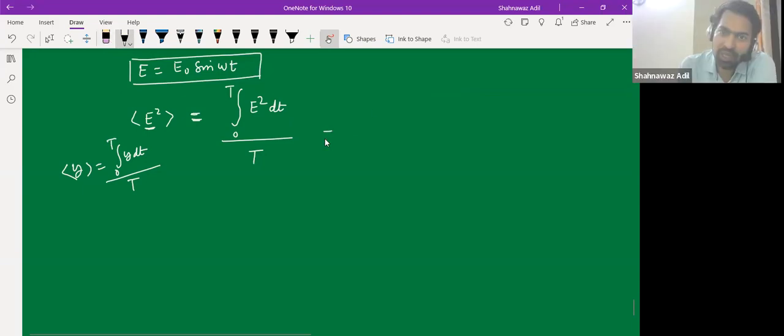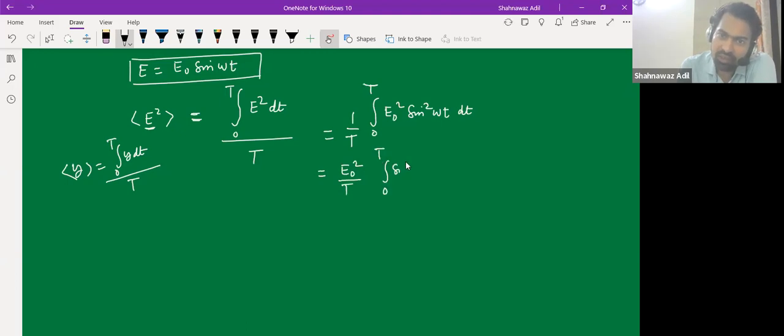Now we plug in the value: 1 by T, integral from 0 to T, of E naught square sine square omega t dt. E naught square is taken outside, and this is from 0 to T of sine square omega t.